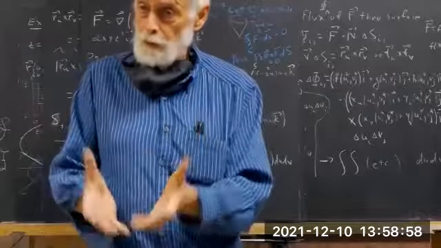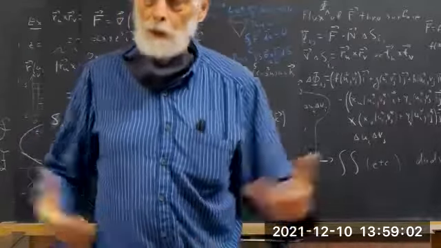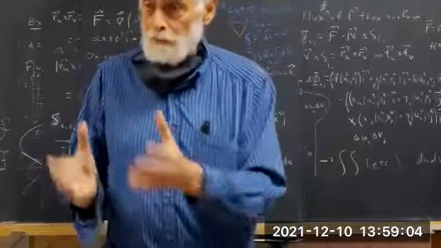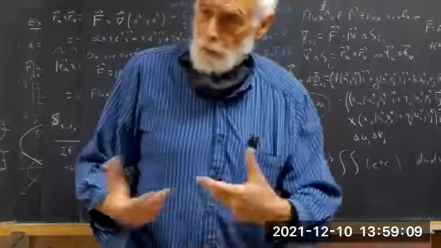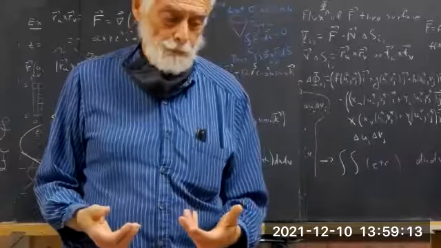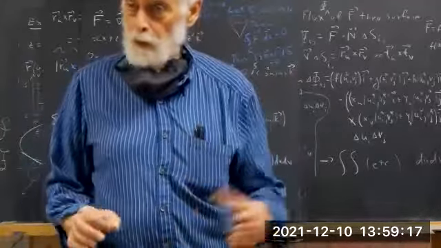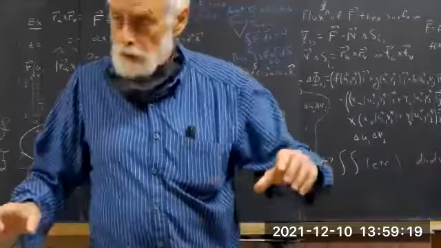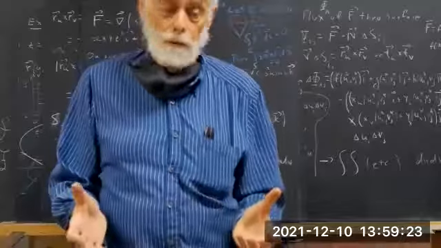Sometimes the integral of the curl on the surface is easy, but the line integral is next to impossible, maybe impossible. Doesn't matter. You know what the line integral is if you know what the surface integral is. And similarly with the divergence theorem. If you know the volume integral, then you know the flux integral through the closed surface. If you know the flux integral through the closed surface, you know what the total divergence is.